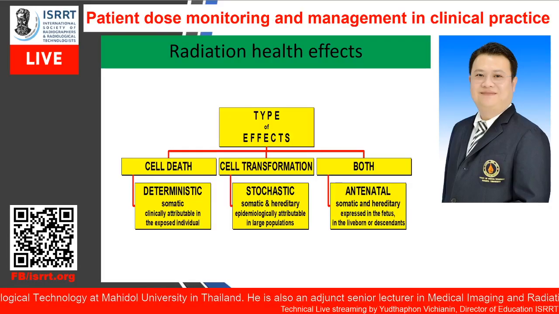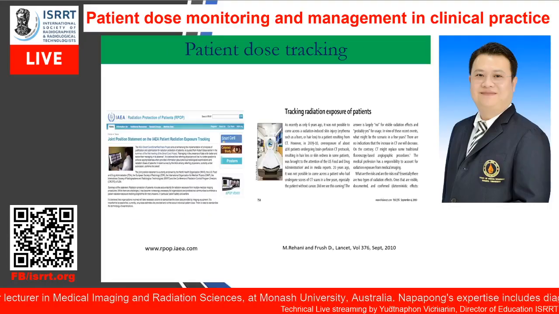But what else we see on top of this deterministic effect is the stochastic effect. That means we have cell transformation, right? So stochastic effect, in this sense, we focus mainly on cancer risks, right? And then it can be both cell death and cell transformation.